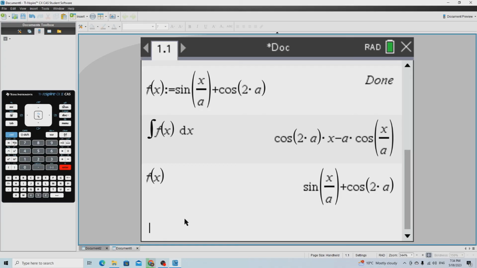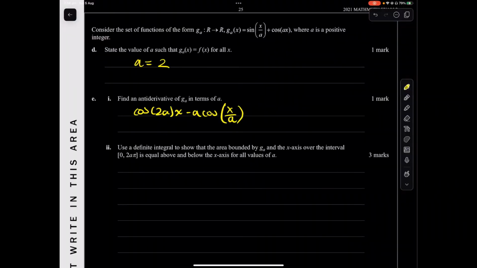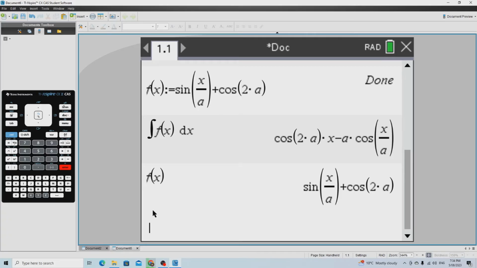Find an antiderivative of g of a in terms of a, and I've done that. I think that's right. Should be right anyway. And if you say the antiderivative of g of a of x dx is equal to that, I'll be honest, I'm really going to do it again.